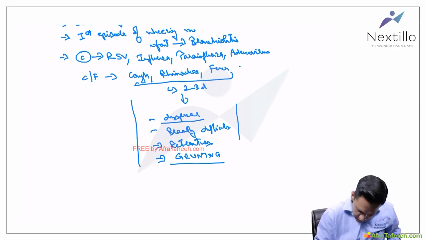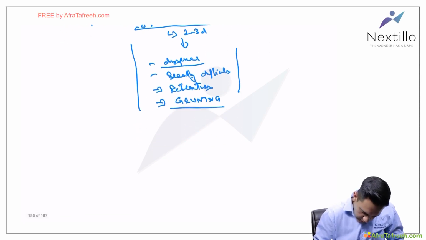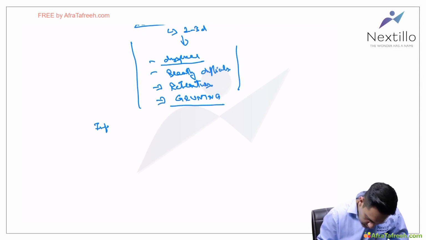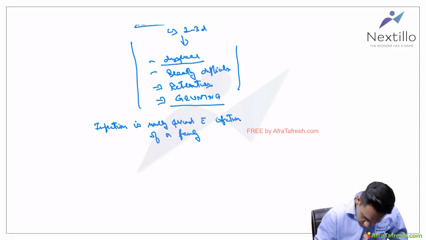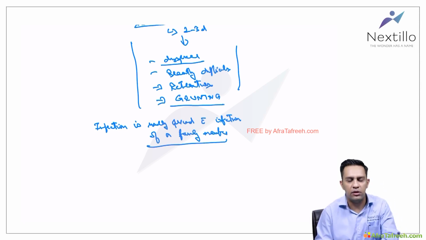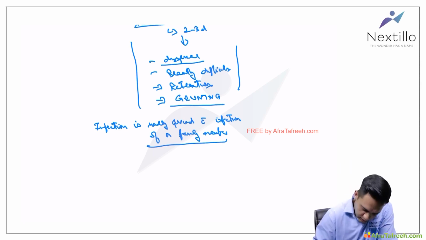So these are the clinical features, and a very common tip is this: the infection is usually associated with infection of a family member. That is, anyone in the family, the father or mother, will have a mild respiratory infection.